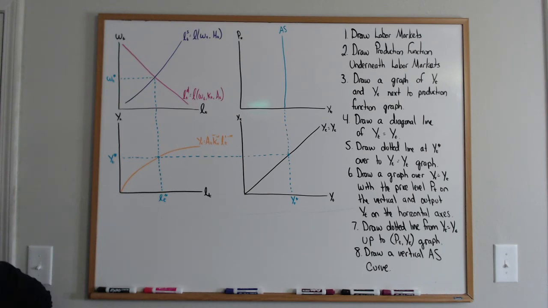The most important reason why that aggregate supply curve is vertical here is that prices are fully flexible, meaning aggregate supply is independent of prices in this model. So I'm going to write that down here.